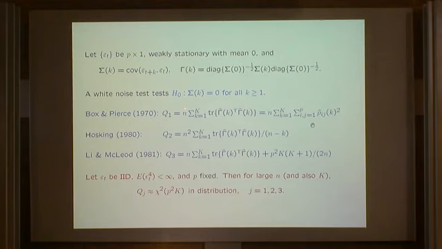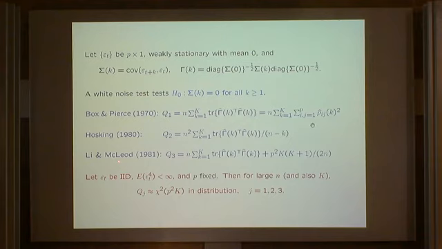Only then can you get a chi-square approximation. So this is an empirical modification such that the chi-square approximation will be better for this statistic than for this one.